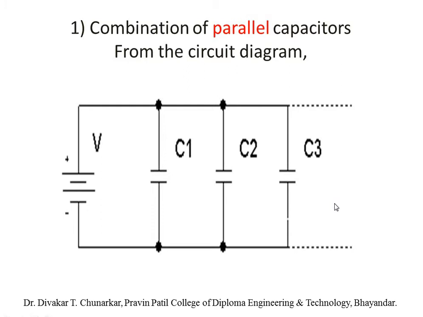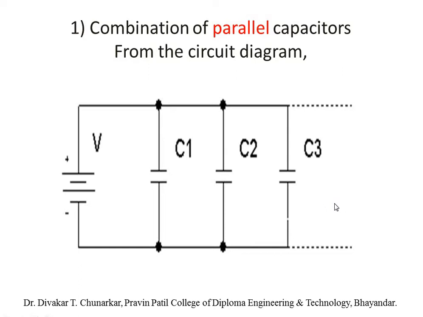Last time we explained the combination of series capacitors, and at that time we derived the equation of series capacitors: 1 upon Cs equal to 1 upon C1 plus 1 upon C2 plus 1 upon C3.